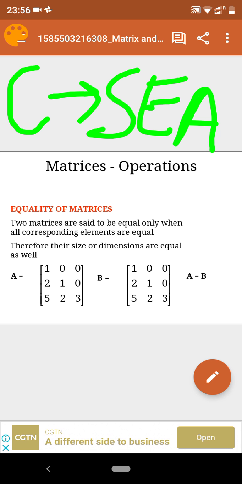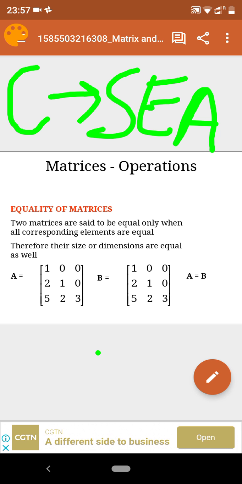So my dear friends, you can add, subtract, or equate two matrices only if they are of the same order. That's why I told you the definition of comparable matrices. Two matrices are said to be comparable if they have the same order.